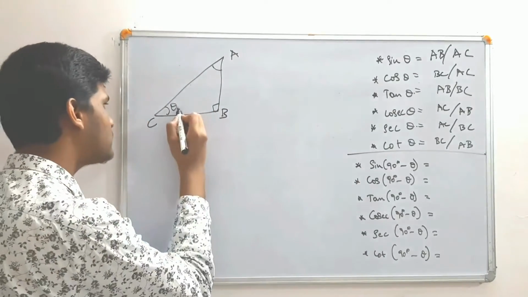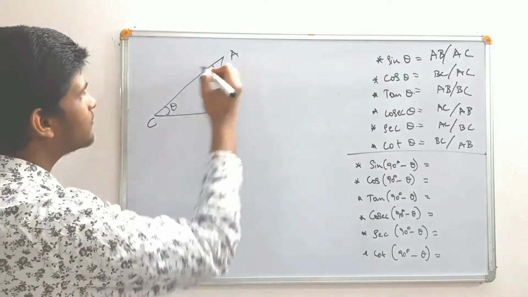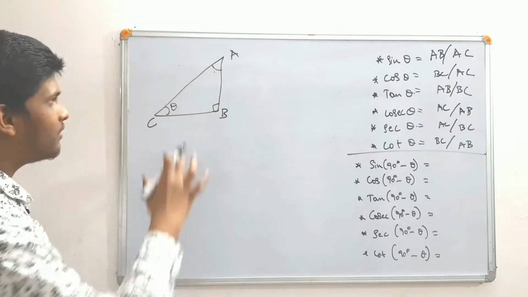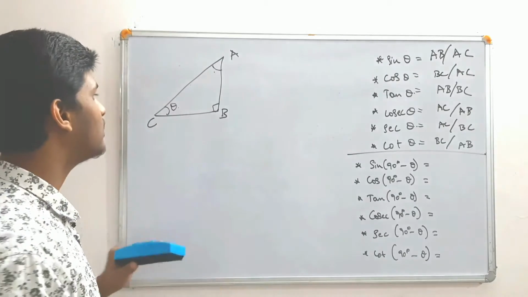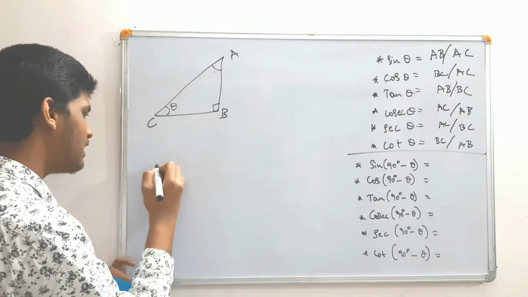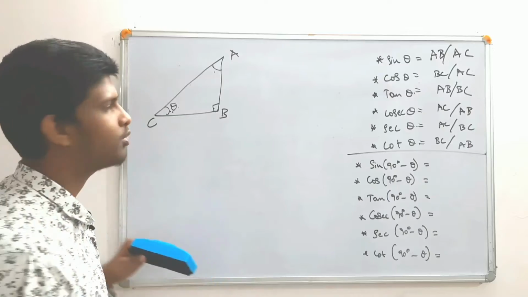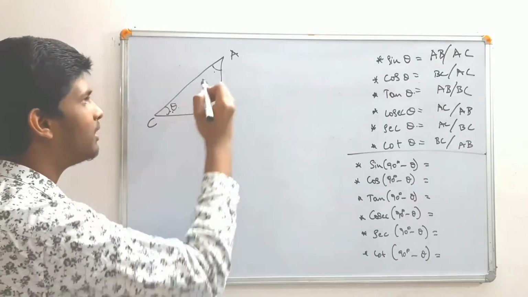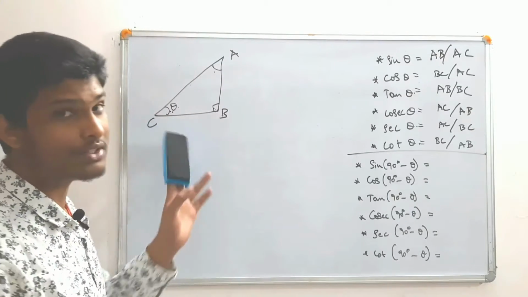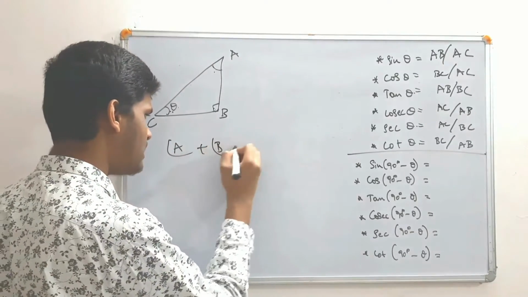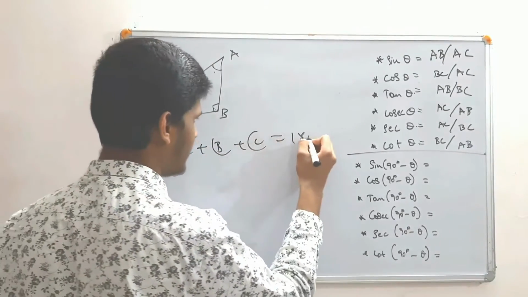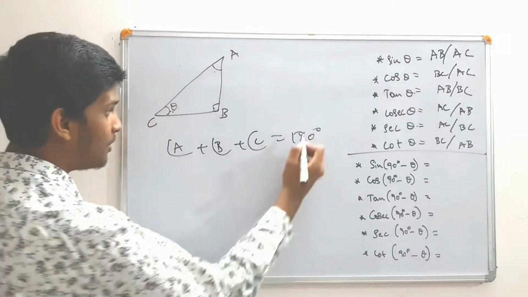Now we found the ratios for this angle. What about this other angle? If you observe, these both angles add up to 90 degrees, because this is 90 degrees. According to the angle sum property, angle A plus angle B plus angle C is equal to 180 degrees.